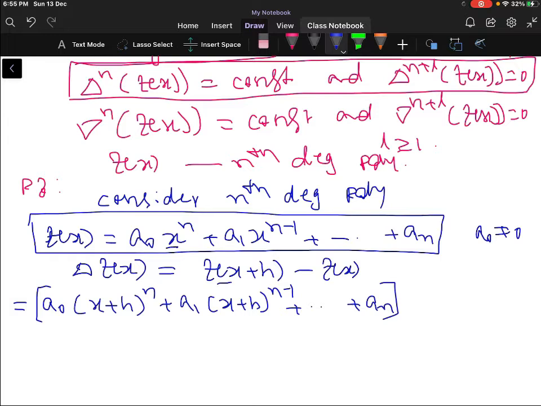This is f of x plus h minus f of x, that is a0 x power n plus a1 x power n minus 1 and so on plus an, minus a0 into x power n plus a1 into x power n minus 1 and so on plus an.